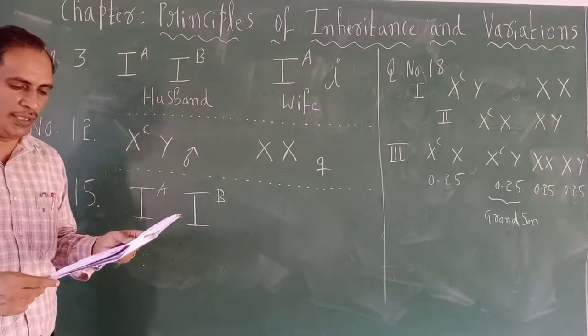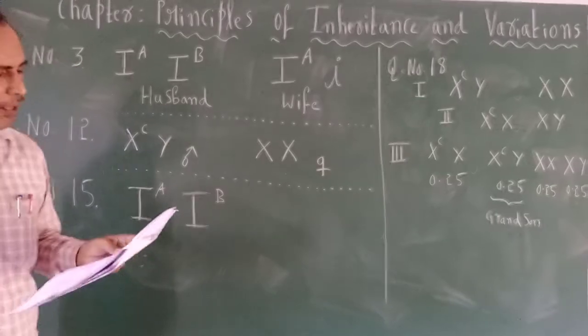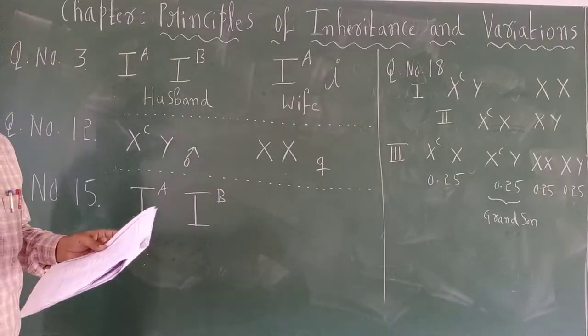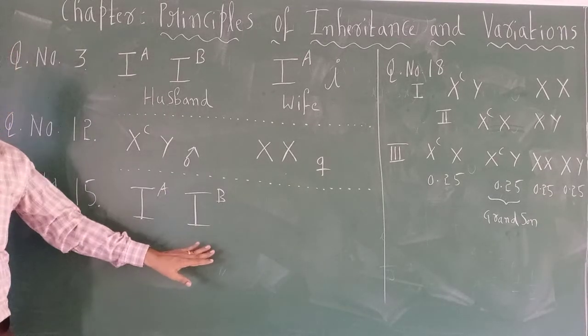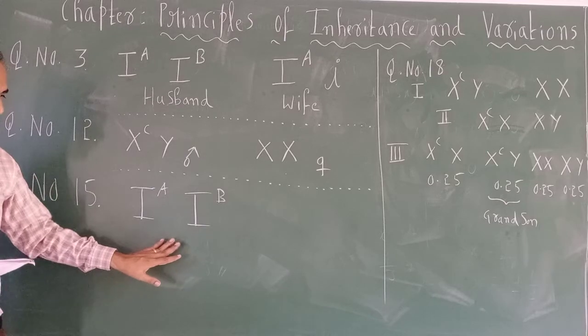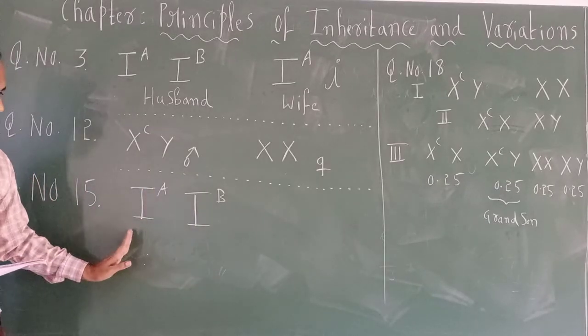Okay, let's move to the next question. Question number 25. A lengthy question, and again, what concept is tested? Codominance. What is codominance? If the two alleles are dissimilar and both the alleles are expressed, then that phenomenon is called codominance.